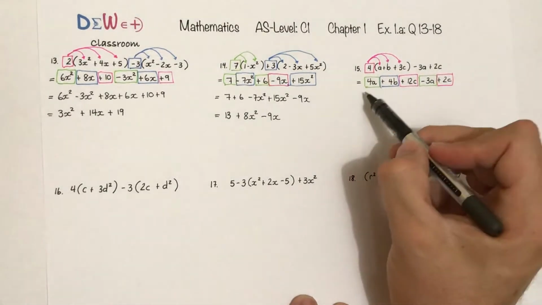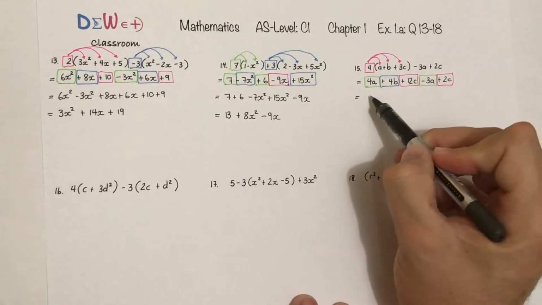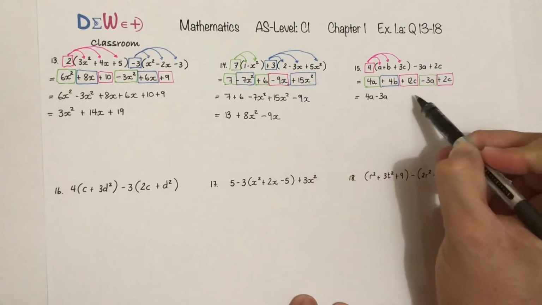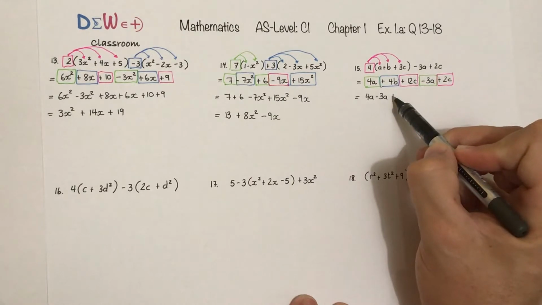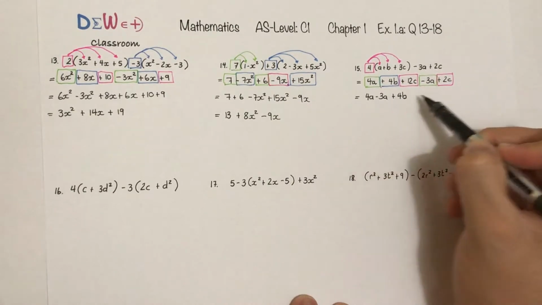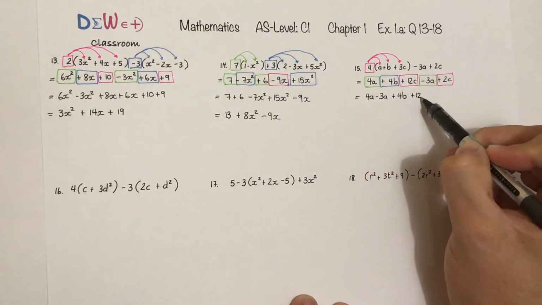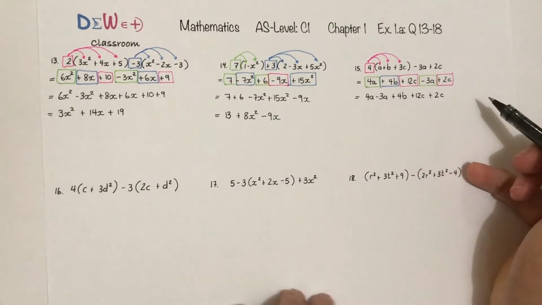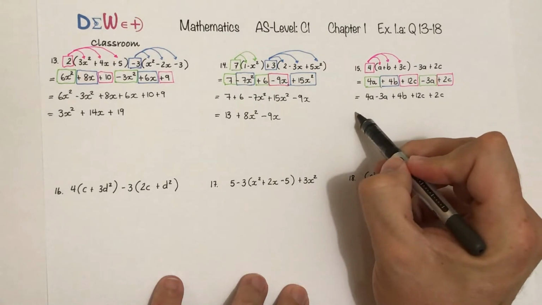We write our like terms together, so it will be 4a minus 3a. It will be plus 4b plus 12c, the pink ones, plus 2c. And now we simplify our expression.